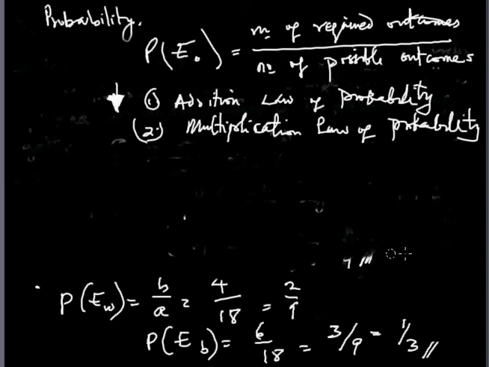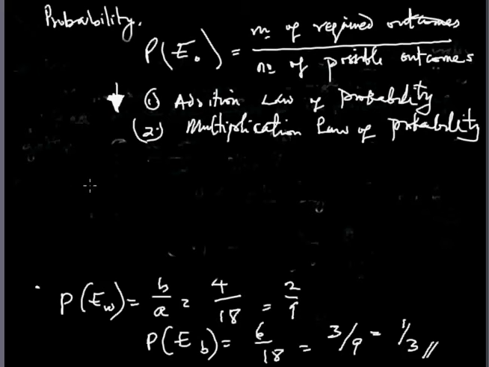Take for instance, you have a question like this. A letter is chosen at random from the alphabet. Find the probability that it is either in the word pyramid or in the word cone. What's the total number of characters that you can have?